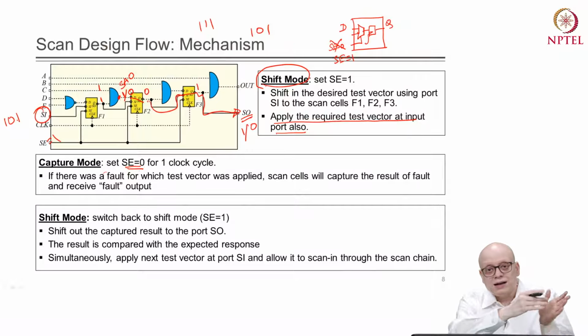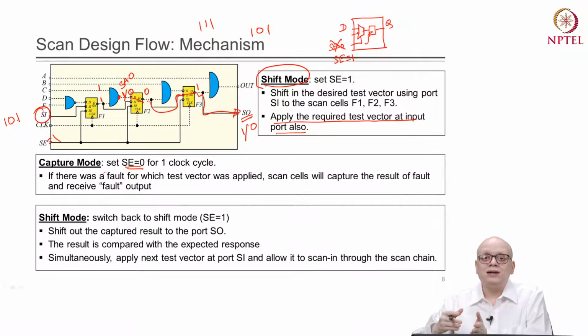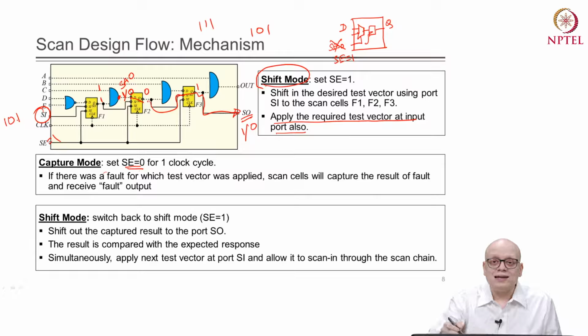While we are shifting out the computed result through the scan chain, we are also passing in the next test vector. So, the sequence of shift, capture, shift, capture, shift, capture will be repeated as many times as there are test patterns. For example, if there are 1000 test patterns, then this has to be repeated 1000 times.